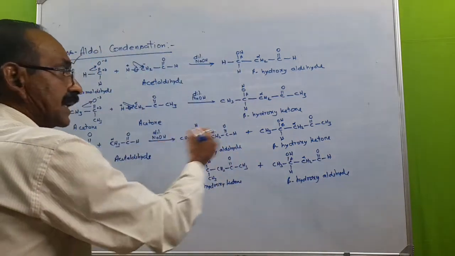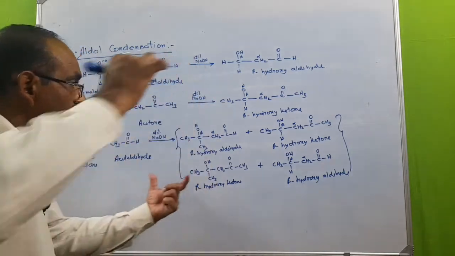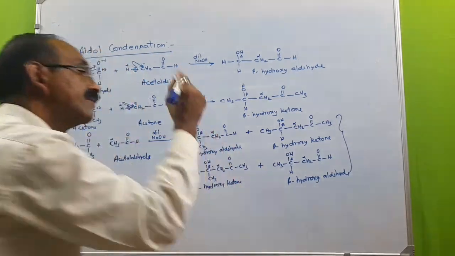So in this case, there is the possibility of the formation of 4 products, and all the 4 products will be formed.